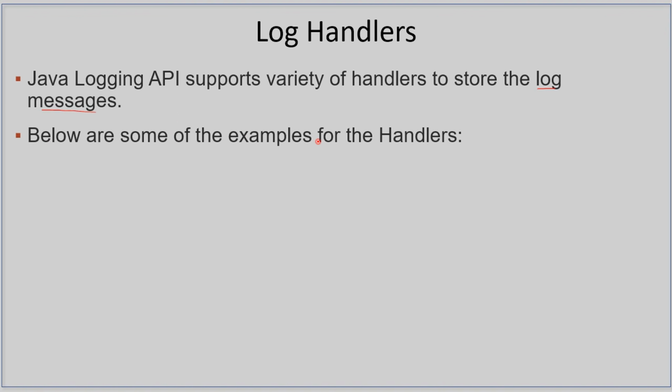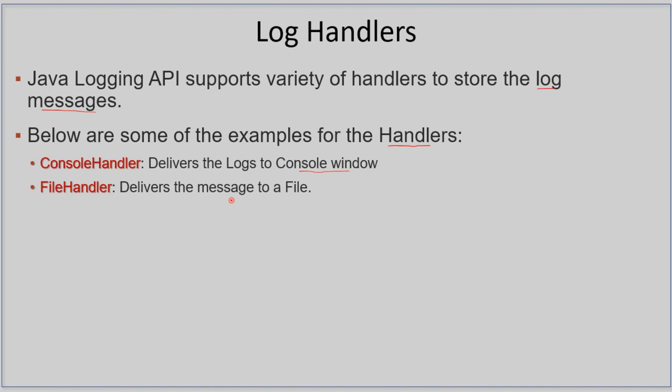Below are some examples of handlers so that you will clearly understand the role of a handler. Console handler delivers logs to the console output window. That's the default. File handler delivers messages to a file. Socket handler delivers messages to a network port.